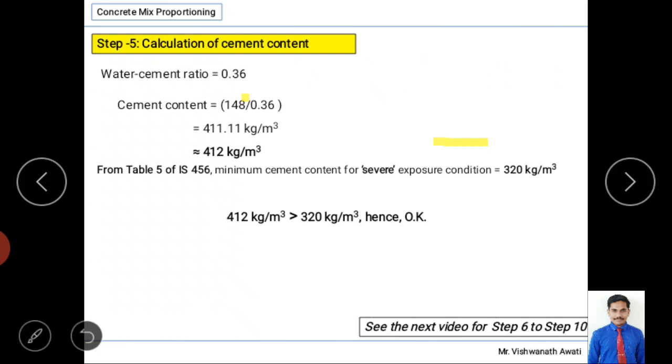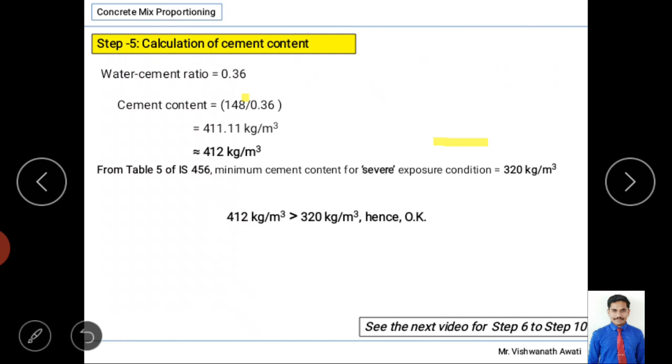For the next steps, see the next video. Let me summarize. In this video we saw the problem without admixtures, where they have given some data and even test data of the materials. First we have to calculate the target strength of the concrete. We have two equations, and for that they require the data of standard deviation and x value.